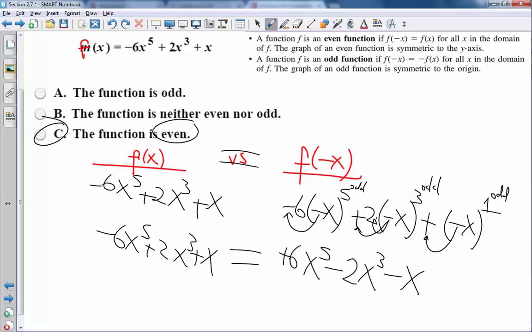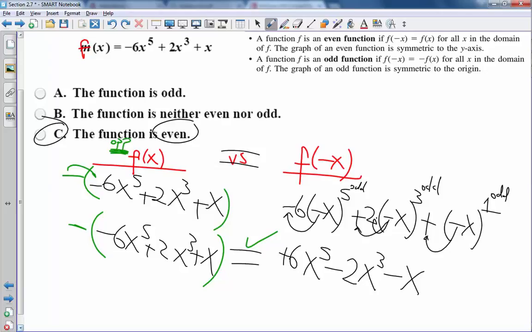Opposite. If all three signs are opposite of each other, the entire function on the right should be the negative of the first one. They are equal to the opposite of this function, like you have a minus in front. Once you multiply by that minus, then yeah, they are equal. So f of minus x is the opposite of the original.